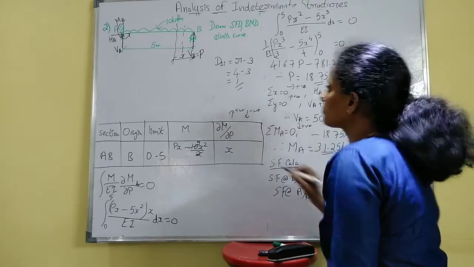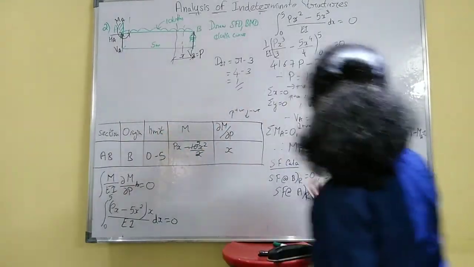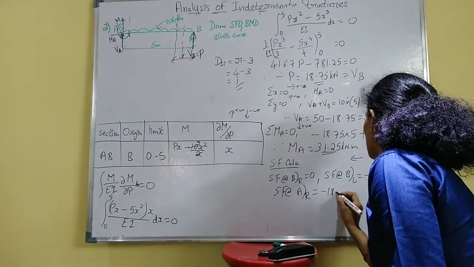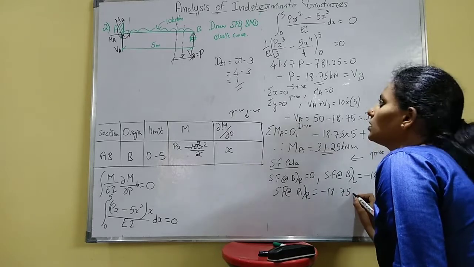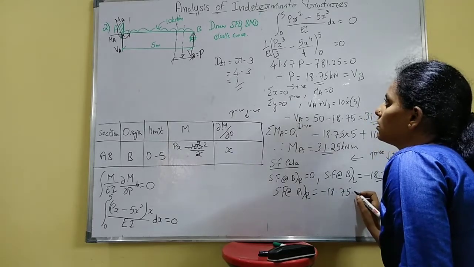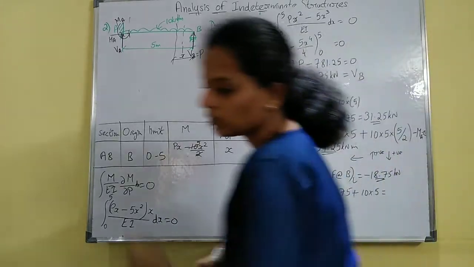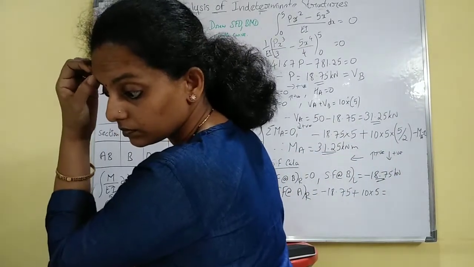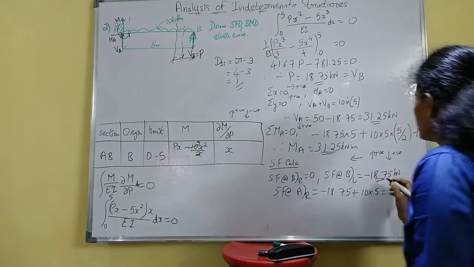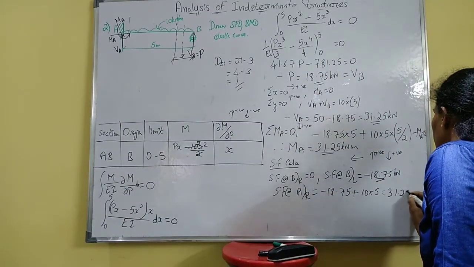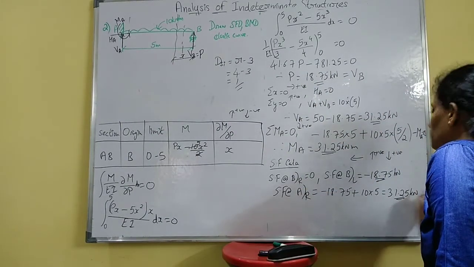Then shear force at right of A, you have minus 18.75, then it will be downward, so plus 10 into 5. You will have 31.25 kilonewton.